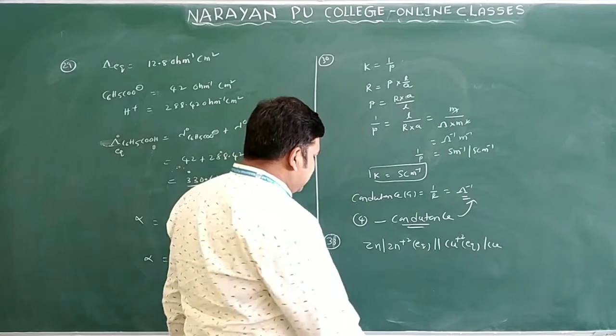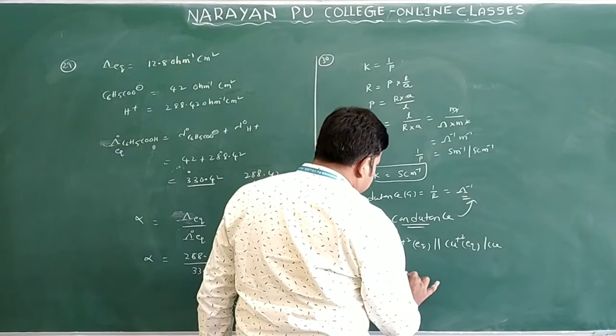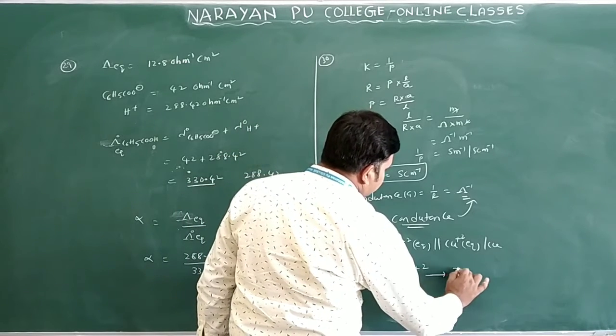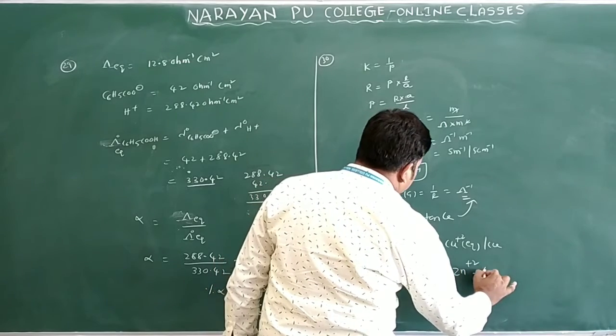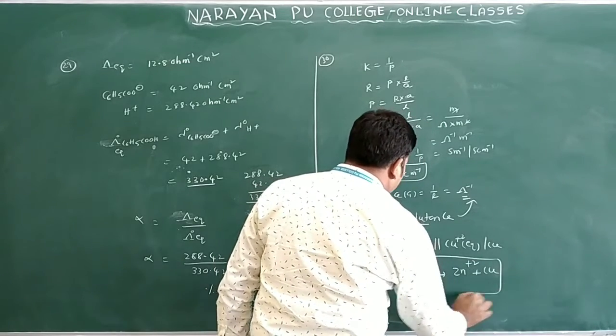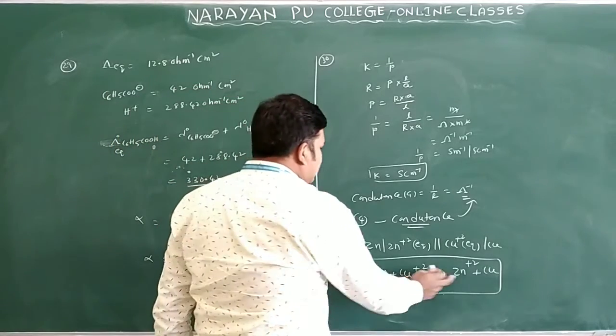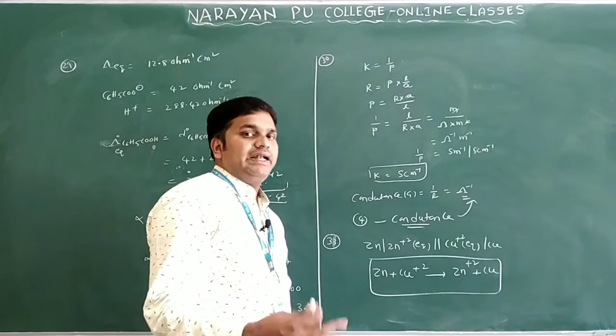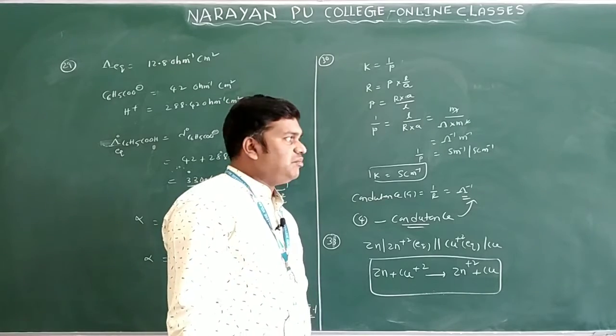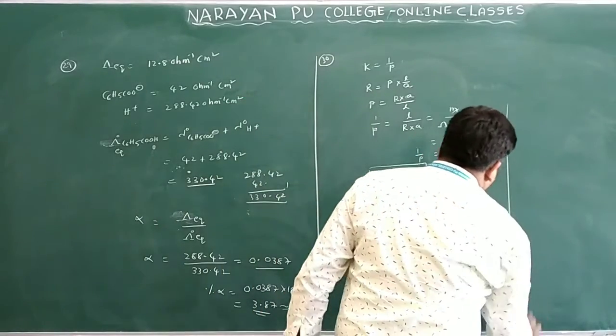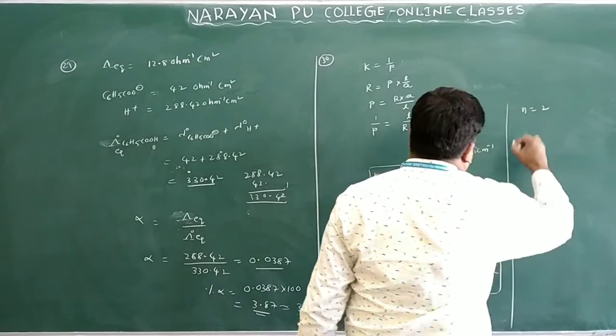If you want to write the cell reaction: Zn + Cu2+ equals Zn2+ + Cu. This is the cell reaction. In this cell reaction, how many electrons are changing? Zn is converted to Zn2+ and Cu2+ is converted to Cu. The number of electrons changed, n, is equal to 2.